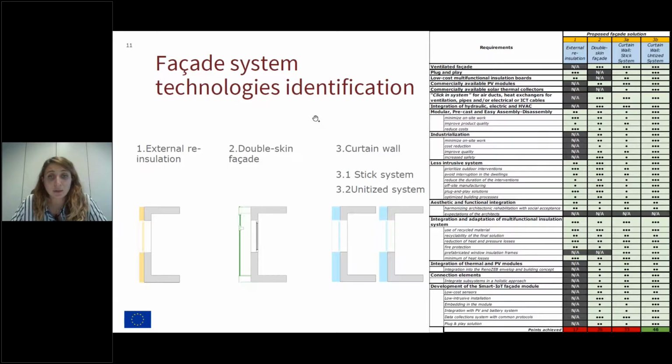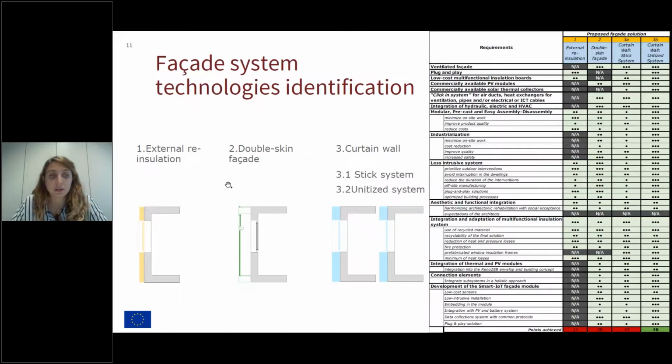So we took into consideration 4 different systems. The first one is the external re-insulation, which is the least intrusive system, which allows reducing the U value of the existing facade. The second one is the double skin facade.